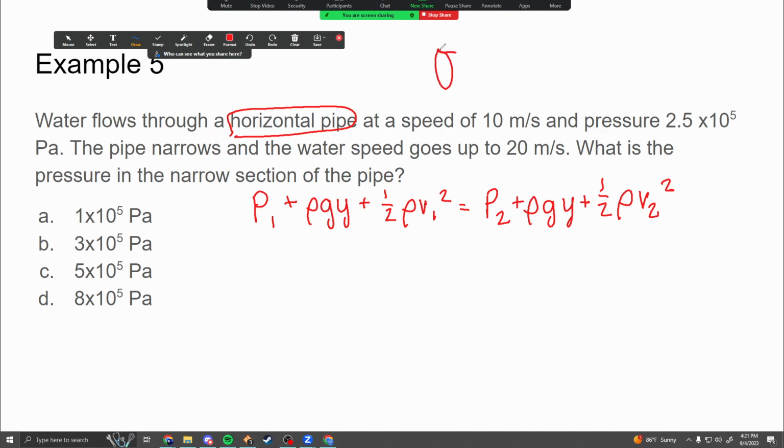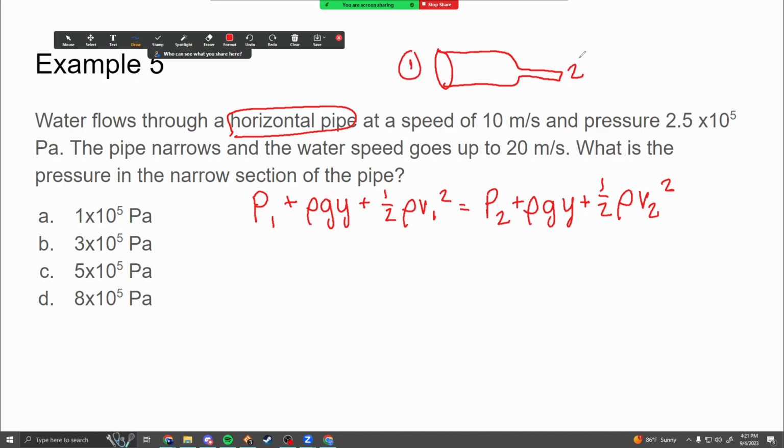If I look at this, it's decreasing in diameter, because it's speeding up. So I'm calling this 1 and this 2. Again, just like initial and final conditions, or if you want to call this in and out, it doesn't matter. It's all the same. You just need to keep consistent with what you define as what. So these are going to go away because it's a horizontal pipe.